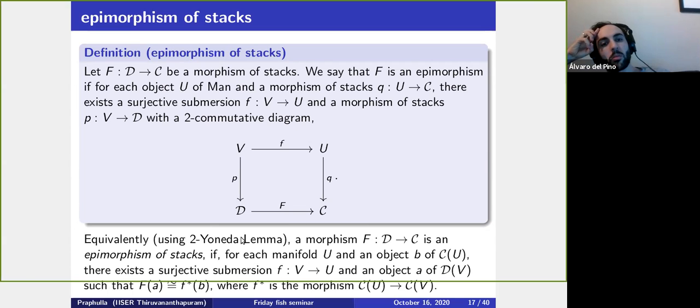The morphism of stacks is said to be an epimorphism if for every manifold U and an object B in CU, a category, I may not be able to find an object in DU, but I may be able to find an object in DV for a certain submersion V to U, such that that object A in DV maps to the object B that I have chosen. So that's what I've written here. FA is isomorphic to F star B, where F star will be the morphism CU to CV.